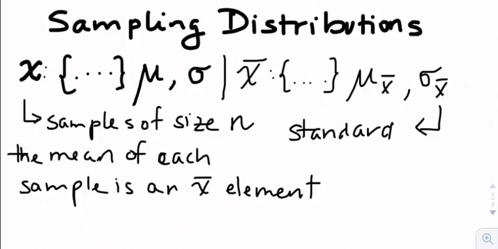So we started with an x distribution, and we used sample means from that to make a new distribution. So now we have a new distribution based on samples from the original one.